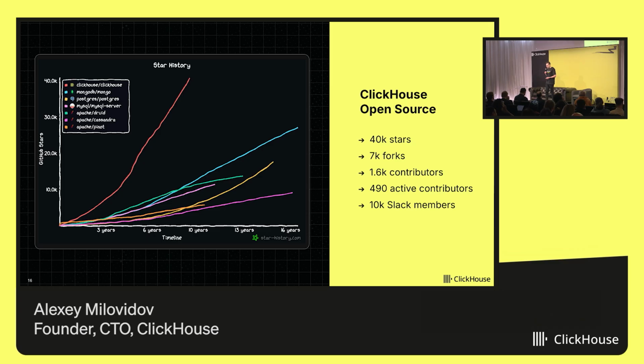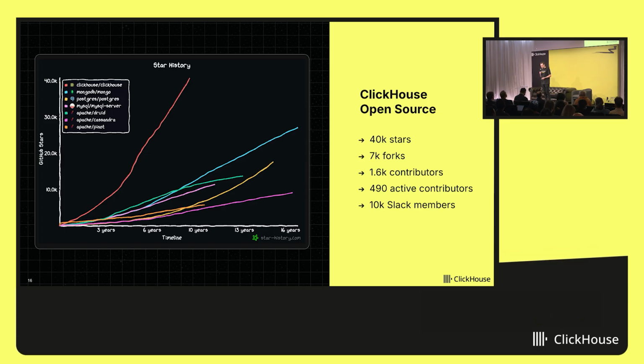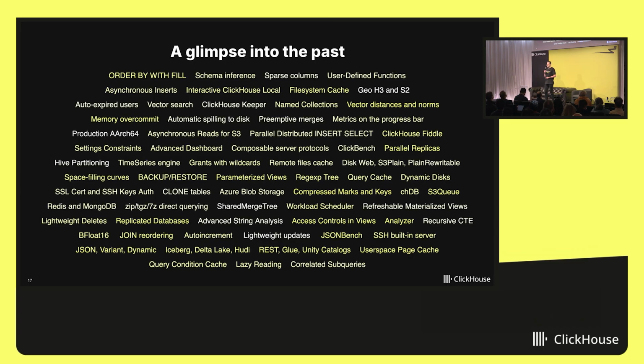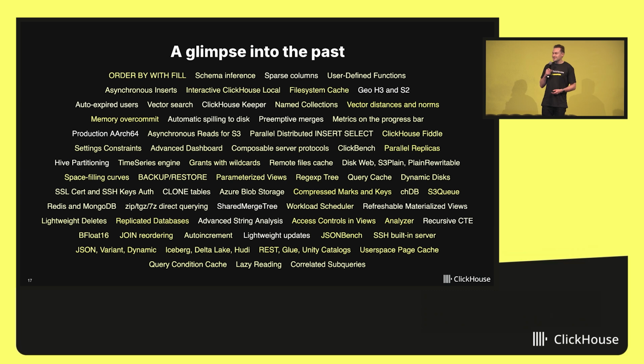So let me show you a few ClickHouse features. As you know, ClickHouse is a very powerful database. It has a lot of stuff, and I'm not going to list all of these items. It could be quite boring. But you might be wondering, what is my favorite feature?